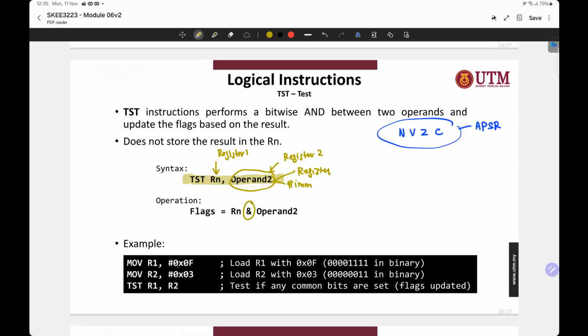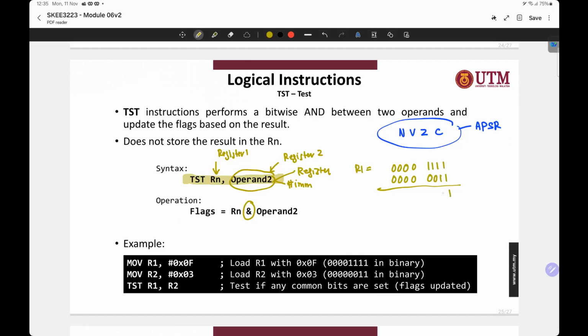MOV R1, #0x0F and then MOV R2, #0x03. TST R1, R2. So what happens behind the scenes is, R1 equals 0, 0, 0, 0, 1, 1, 1, 1, and R2 is 0, 0, 0, 0, 0, 0, 1, 1. You just do a logical AND.